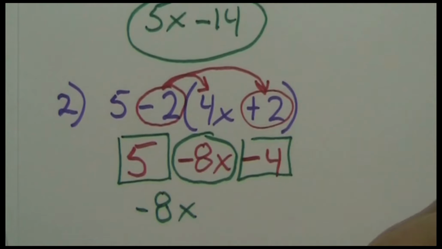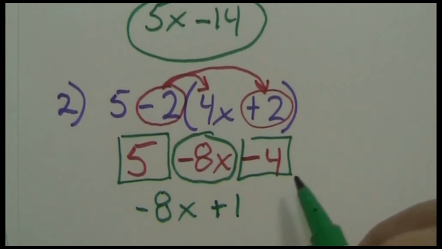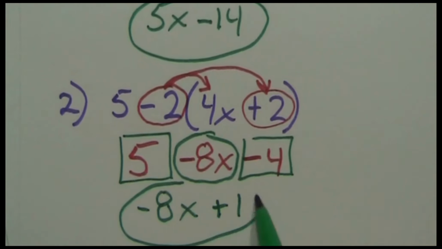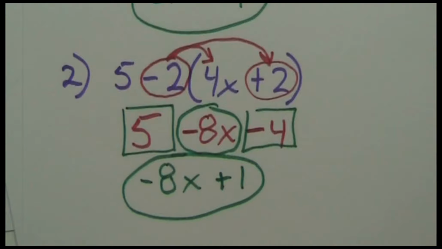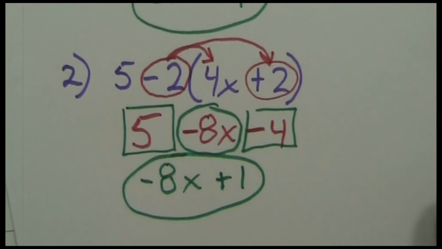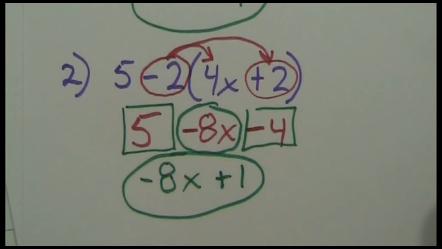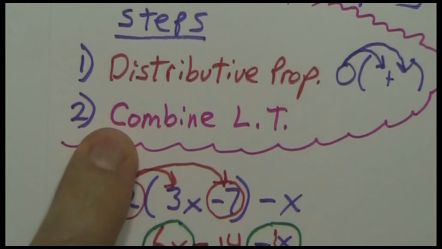That's a positive 1. So you would write plus 1. And that is it. That's all you can do to simplify it. So try not to subtract first or you'll end up with the wrong answer. So remember, it's distributive and then combine like terms.